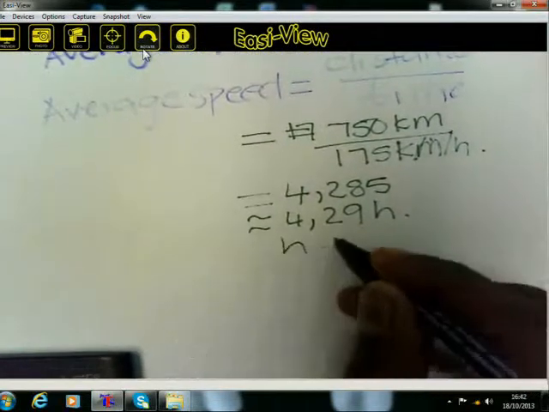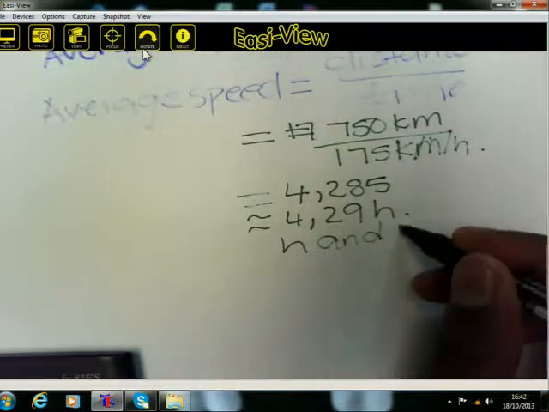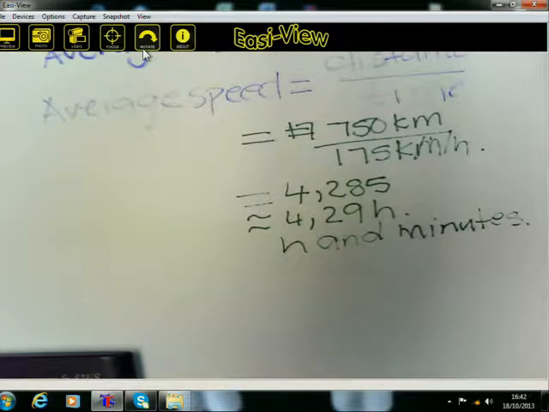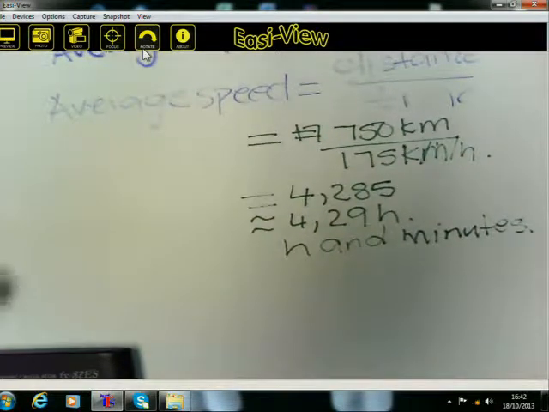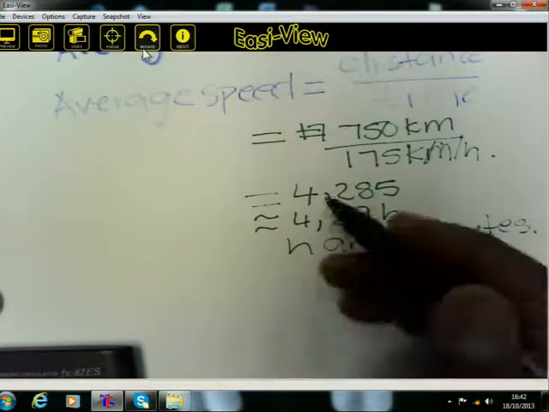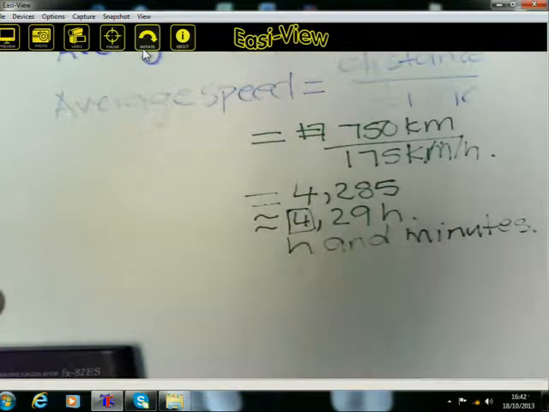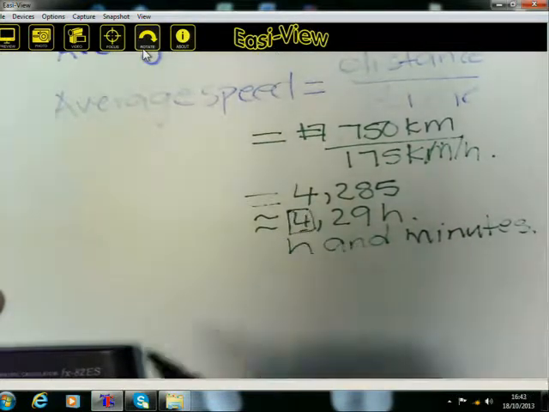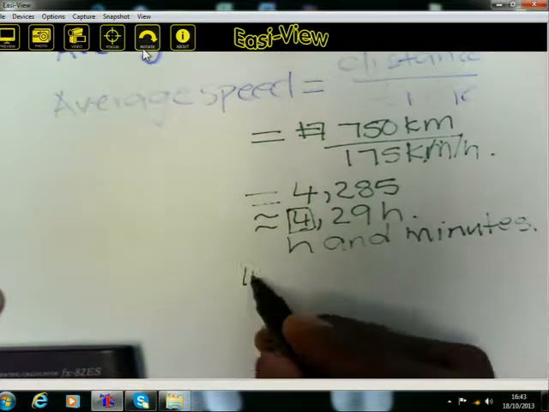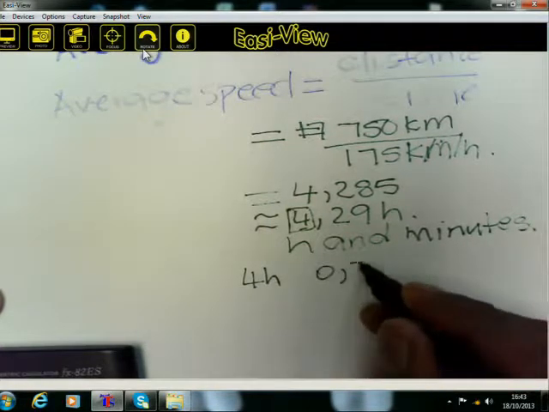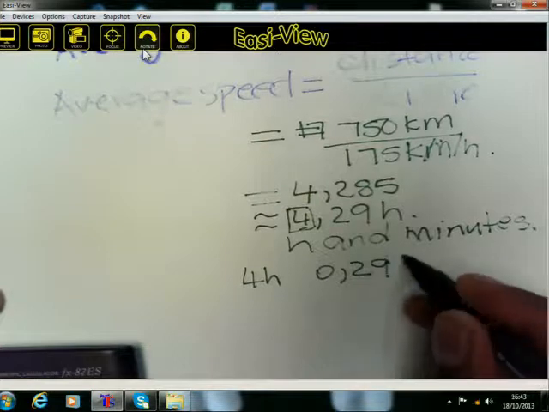Let's say they said you must write your answer for time in hours and minutes. You must write your time in hours and minutes, which means we take this 4, our whole number, is hours, so we are going to have 4 hours. What is left is 0.29 hours again.